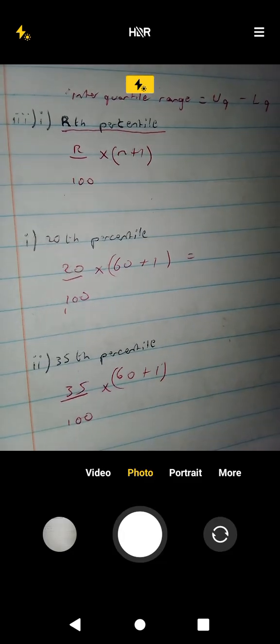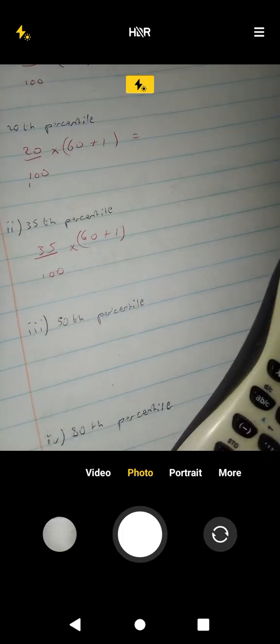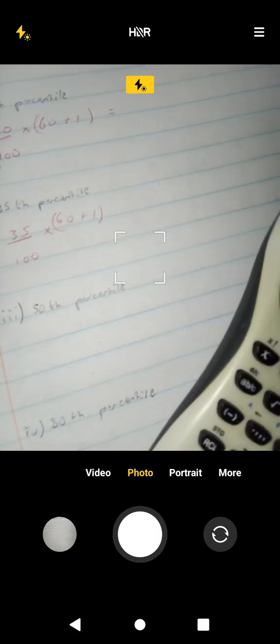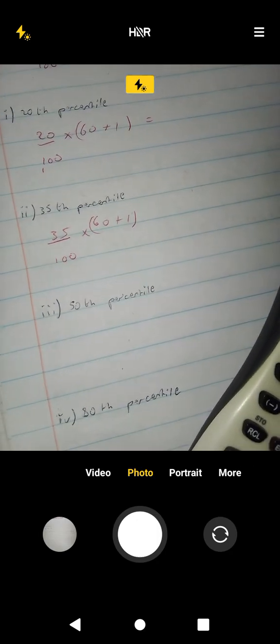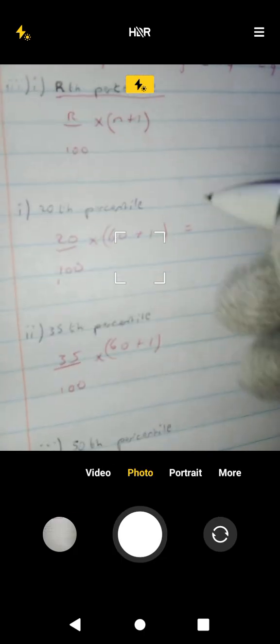20 over 100 times 60 plus 1, 20 over 100 times 61. That should be 12.2.